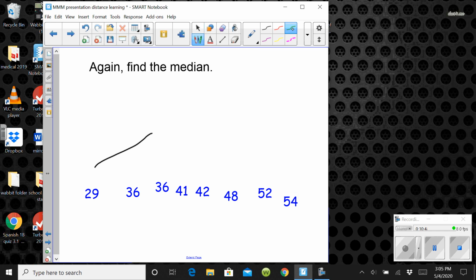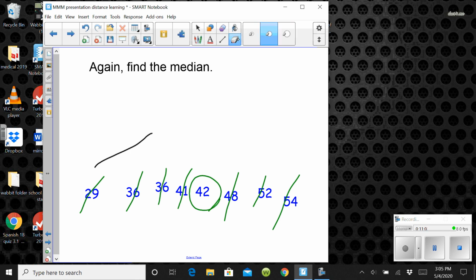That some people cross this one off and then this one, cross this one off and then this one, cross this one off, and the median is 42. Can you believe that baloney?